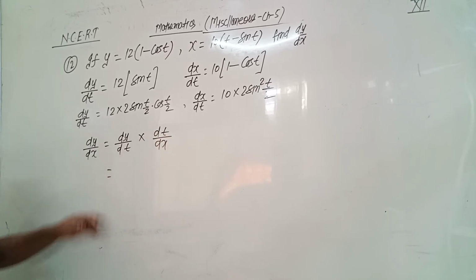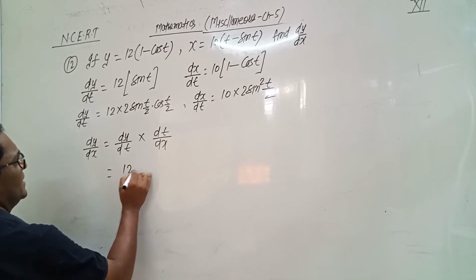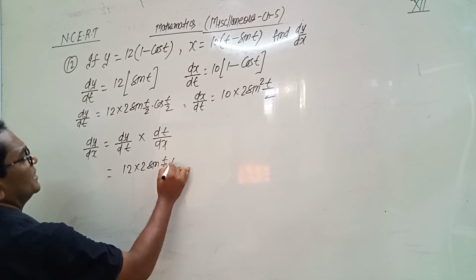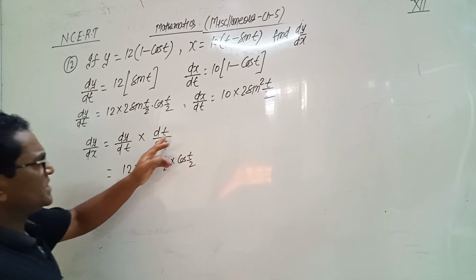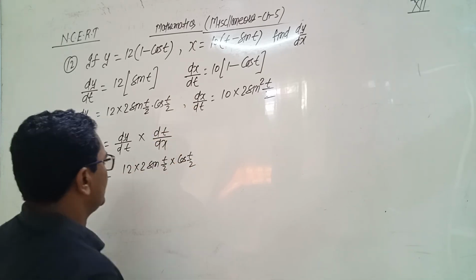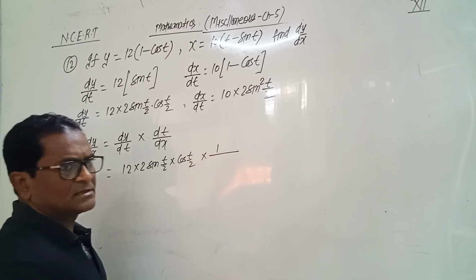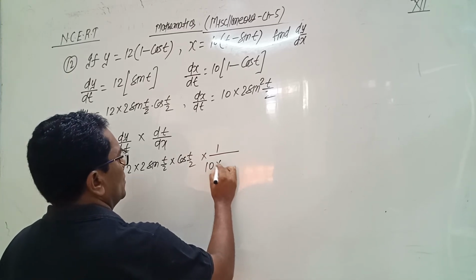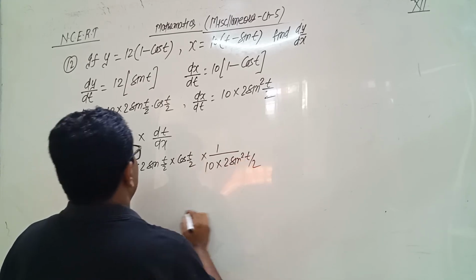So put the value of dy by dt, which is 12 into 2 sin t by 2 into cos t by 2. And for dt by dx, we will have to take the reciprocal of dx by dt, 10 into 2 sin square t by 2.